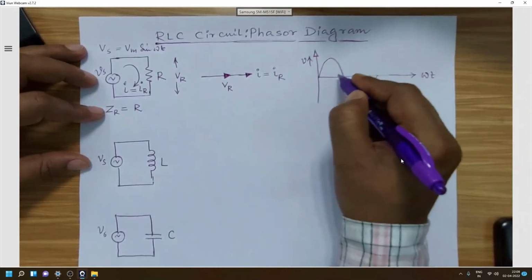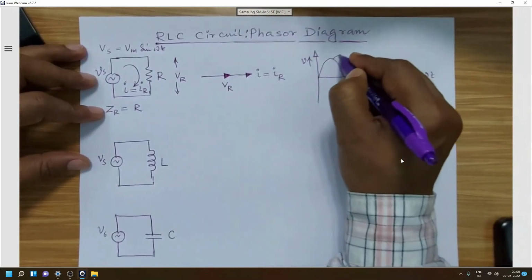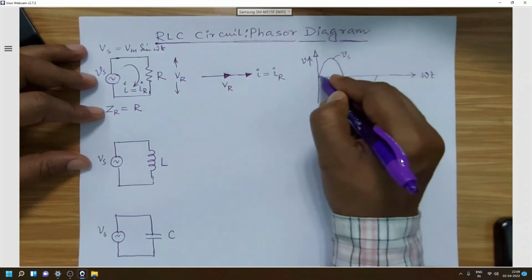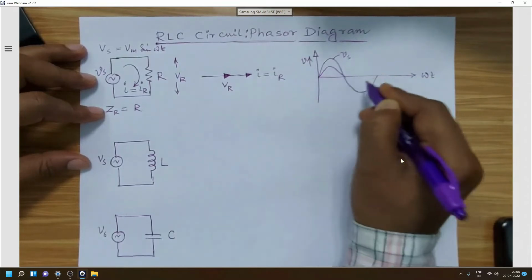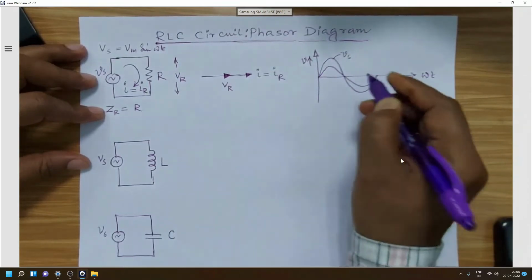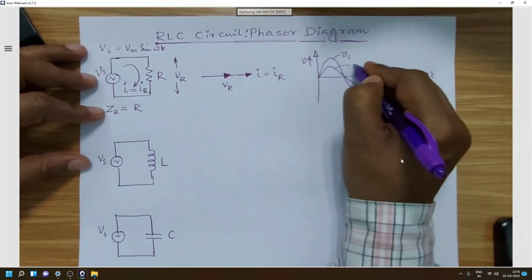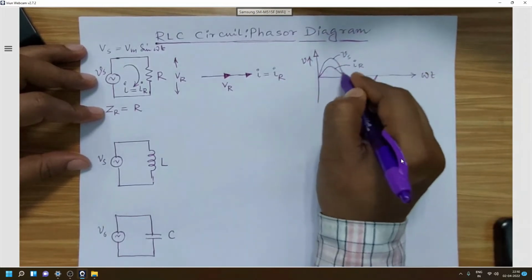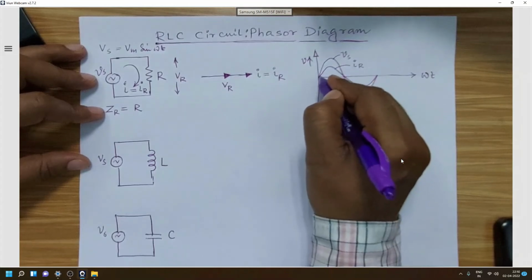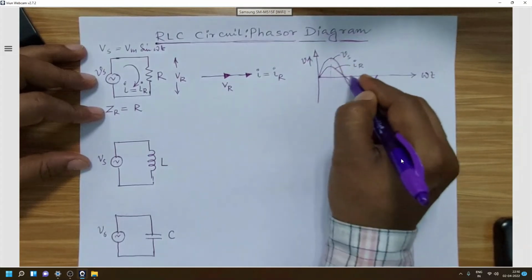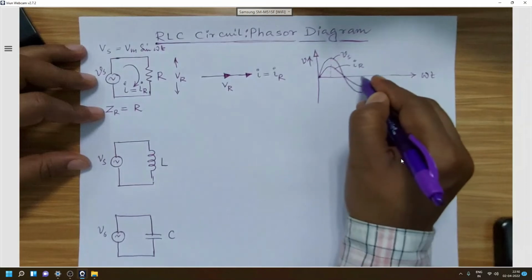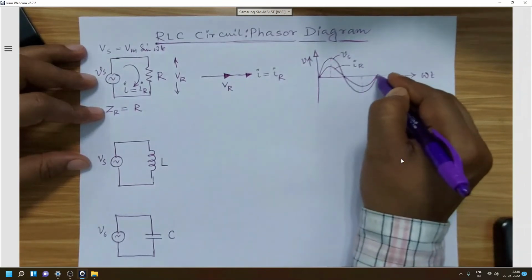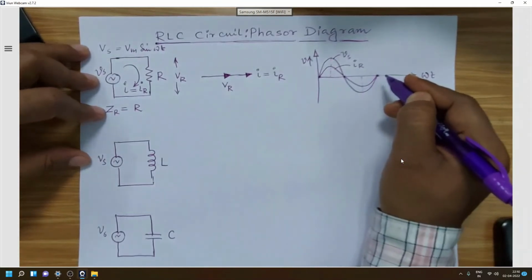So this is our voltage, say Vs, and the current will be somehow like this. That means the current IR will be in the same phase. So they will start together, they will go maximum value together, and they will again become zero. They will go negative maximum together, and they will follow each other. So they will be in phase.